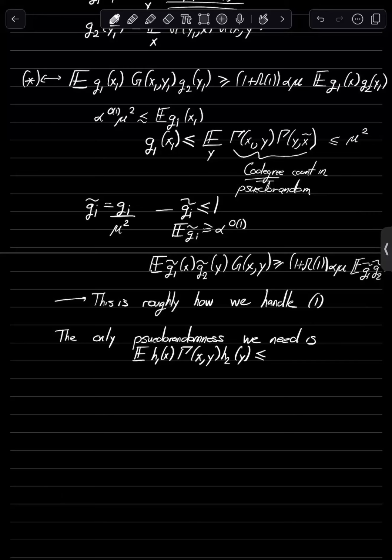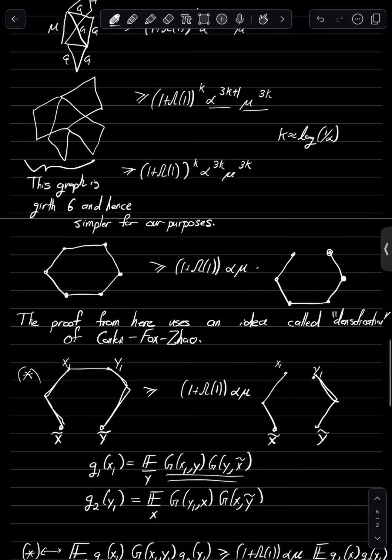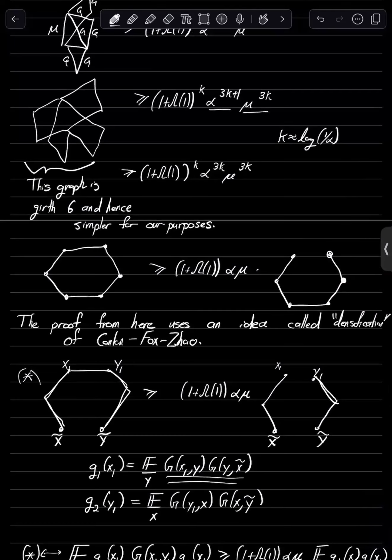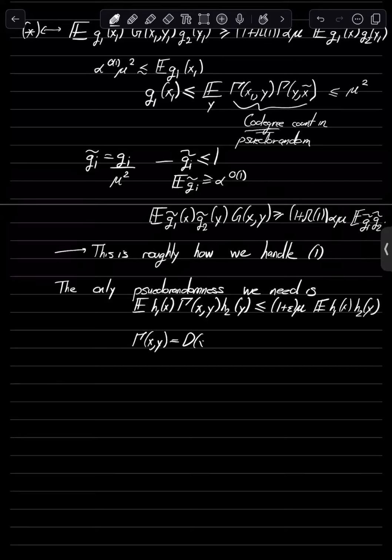We need that the expectation of h1 of x, times D of x plus y, times h2 of y is essentially always bounded by 1 plus epsilon times mu times the expectation of h1 of x, h2 of y, where h1 and h2 are non-negative functions. Every time we invoked this pseudo-random measure, all we did was replace g by gamma and then say that gamma looks like mu. But we only ever needed an upper bound. So this is the only pseudo-randomness we need. And recall in our case that gamma of xy, in the relevant application, is D of x plus y.